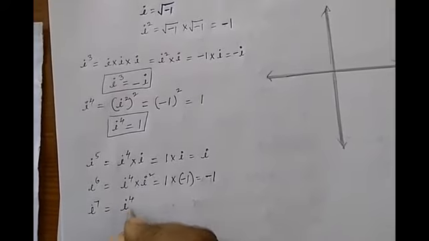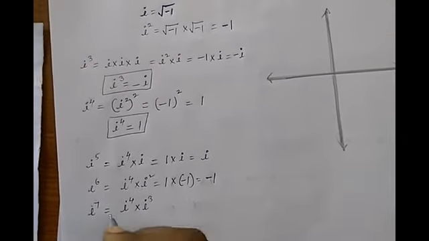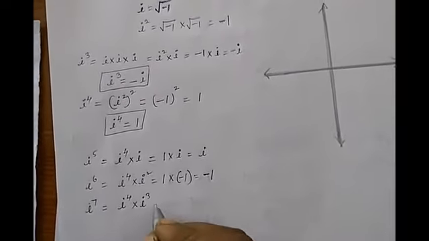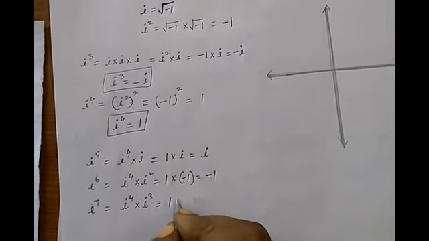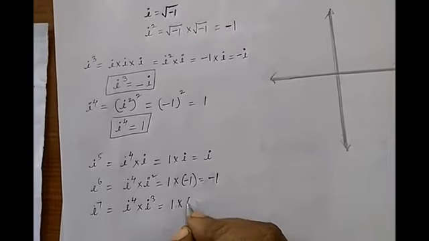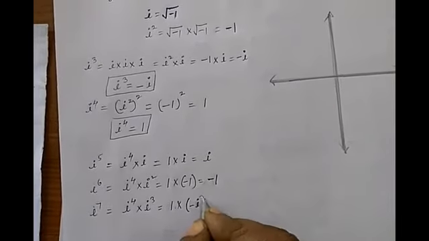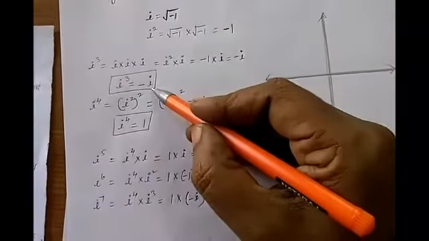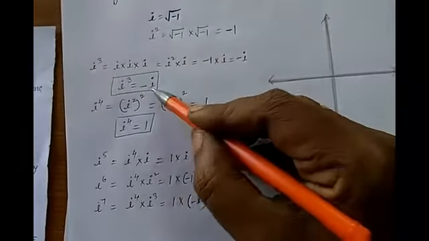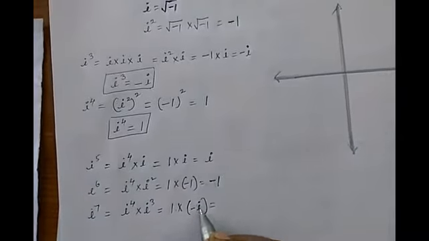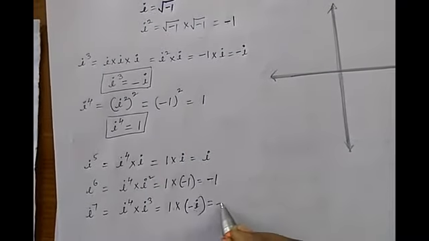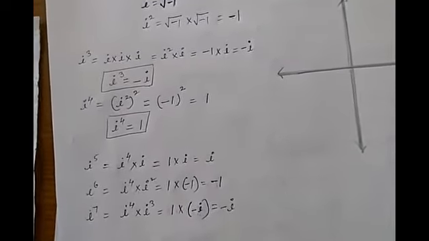Now what is the i power 7 value? 7 can be written as i power 4 into i cubed. The i power 4 value is 1 and i cubed is minus i from the above. So instead of i cubed we can write minus i, that is equal to 1 into minus i, equal to minus i.